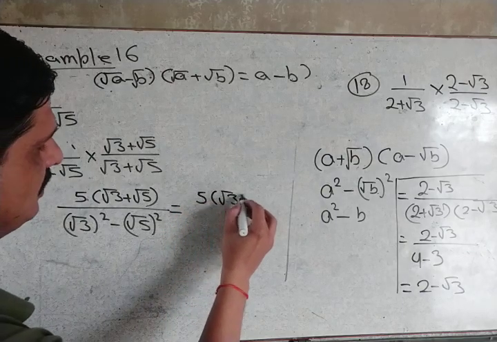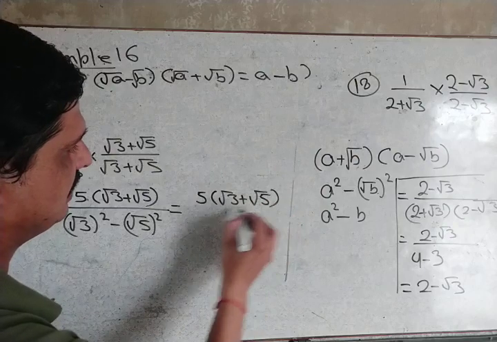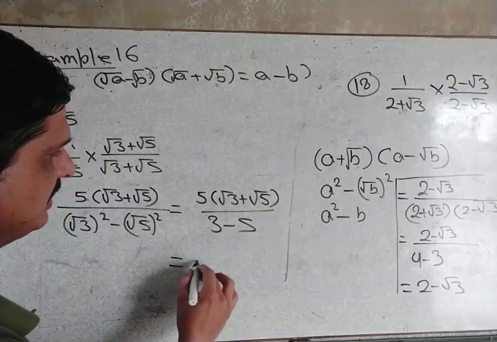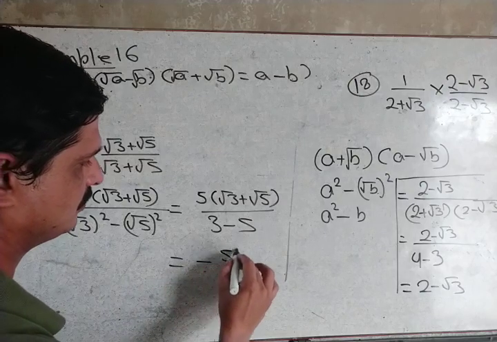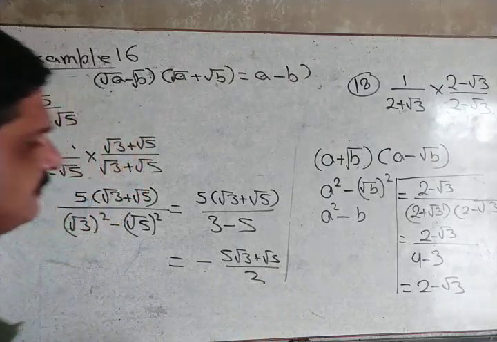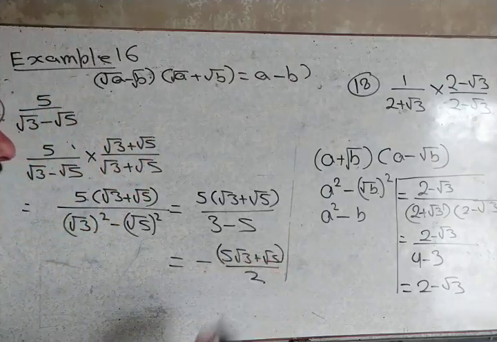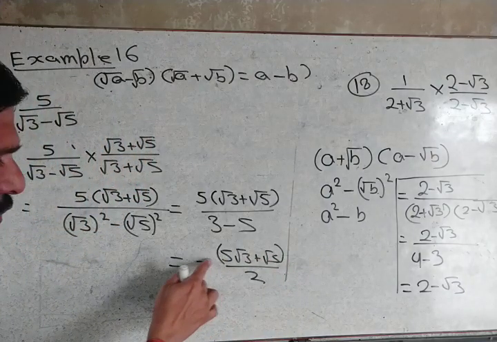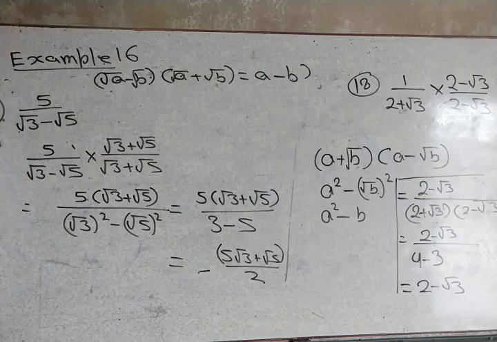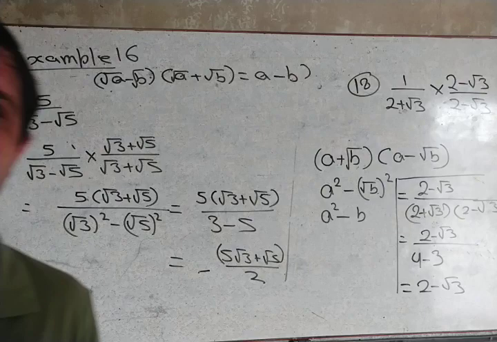We are not able to remove the irrationality of the numerator. So the answer is, I have applied the minus sign, or you can put the minus here or here, anywhere. So this is the way we have rationalized our denominator.